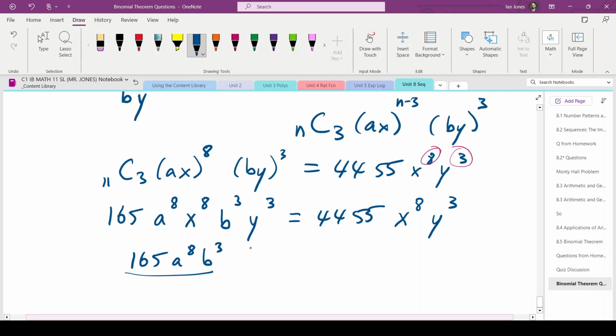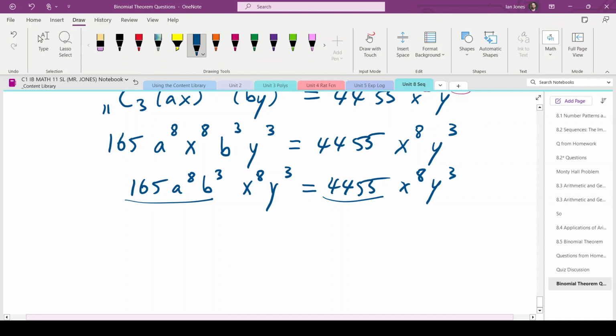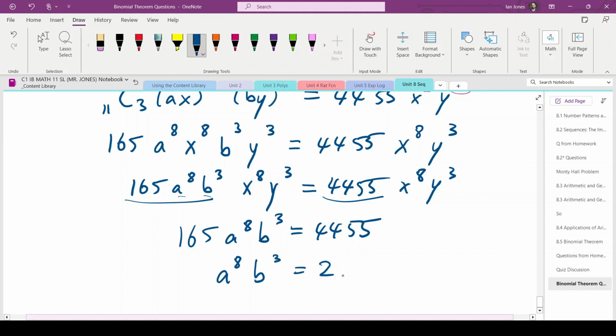This is my numerical coefficient because a and b are going to have values. This x to the 8, y to the 3 is just going to be part of that term. I don't really care about the x to the 8, y to the 3 anymore because my objective is to find these values. So I have 165 a to the 8 b cubed equals 4,455. If I divide by 165, I get 27. So I have a to the 8 b cubed equals 27.